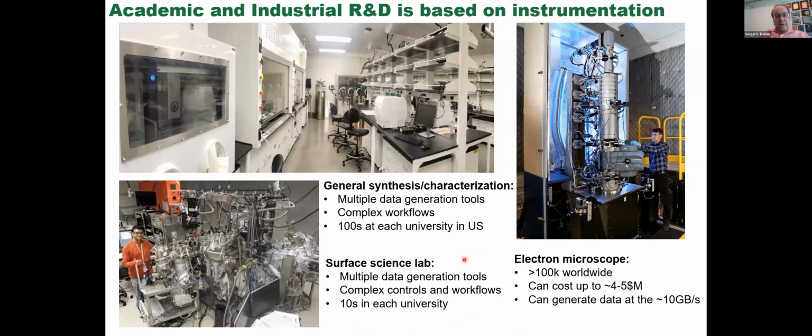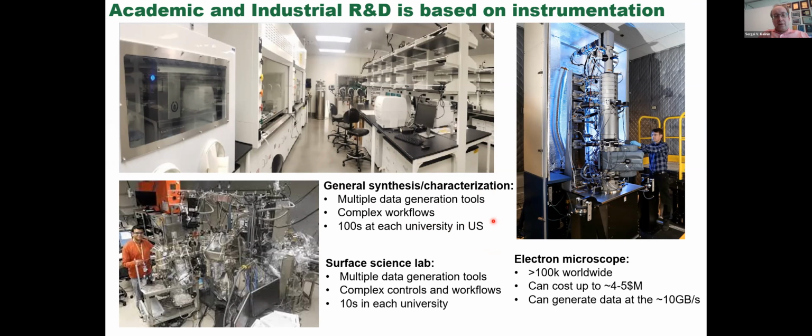Now, once it comes to the basic science, as all of us know, whether you are in the university or national lab, and especially the user center, the academic and industrial R&D are equally based on the instrumentation. Obviously, this type of pictures are great to show for folks who deal with computer science and machine learning. For all of you, this is everyday reality, so it's difficult for me to imagine anything more impressive than the synchrotron.